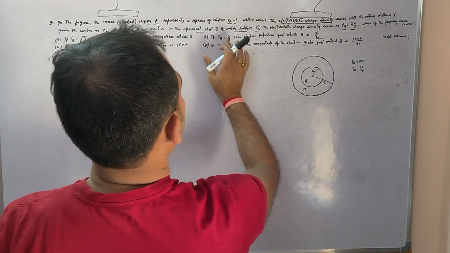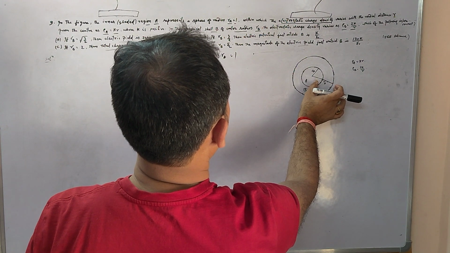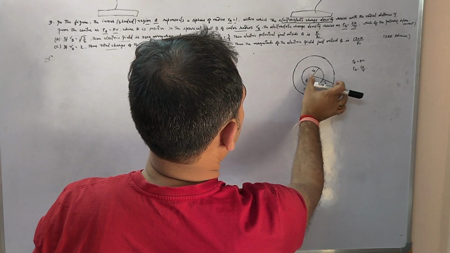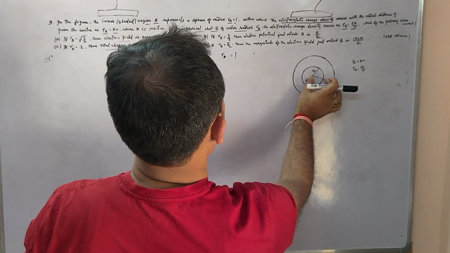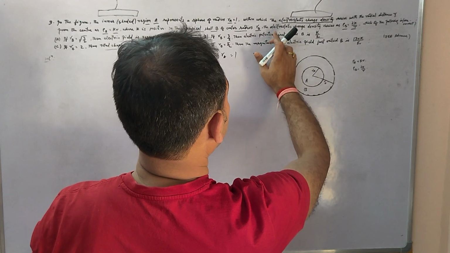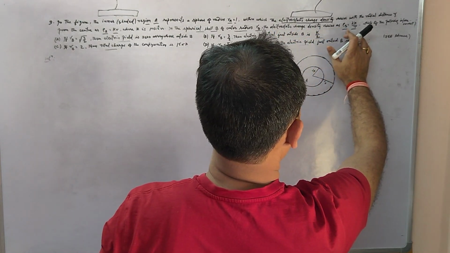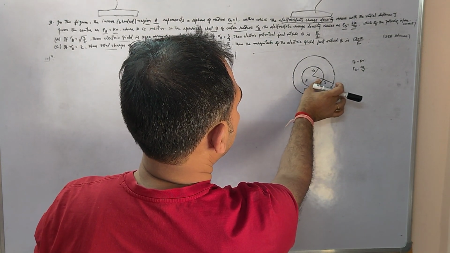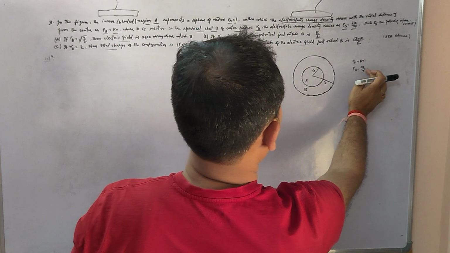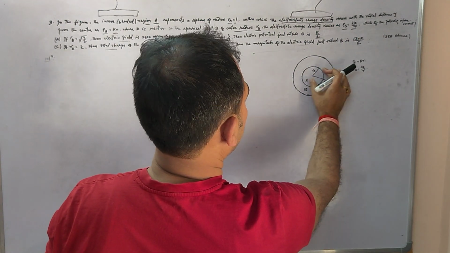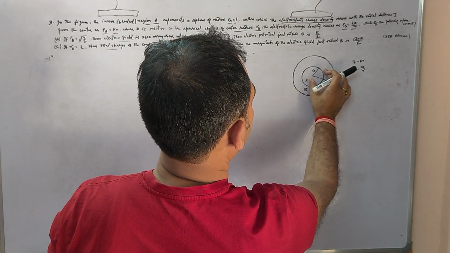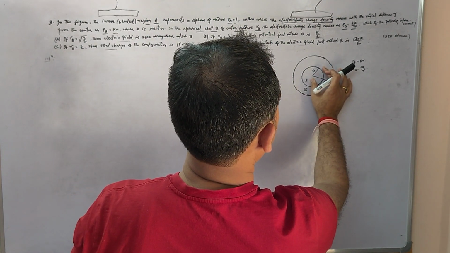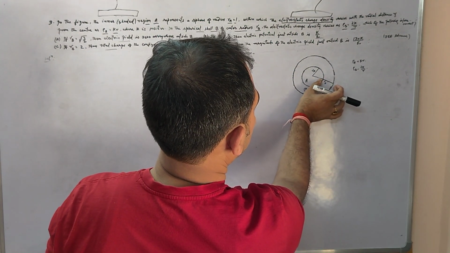In the spherical shell B, the outer radius is RB and the inner radius is RA. The electrostatic charge density rho B is given as 2k by r. So here it is kr as a function of r, and for this it is 2k by r.